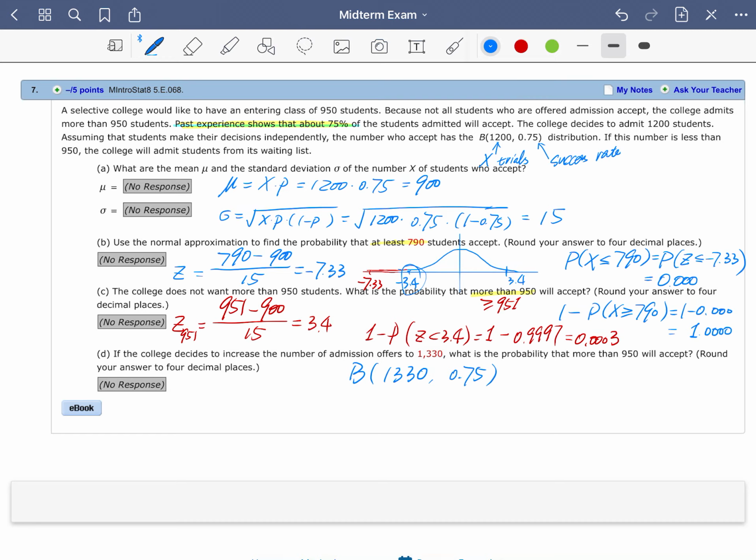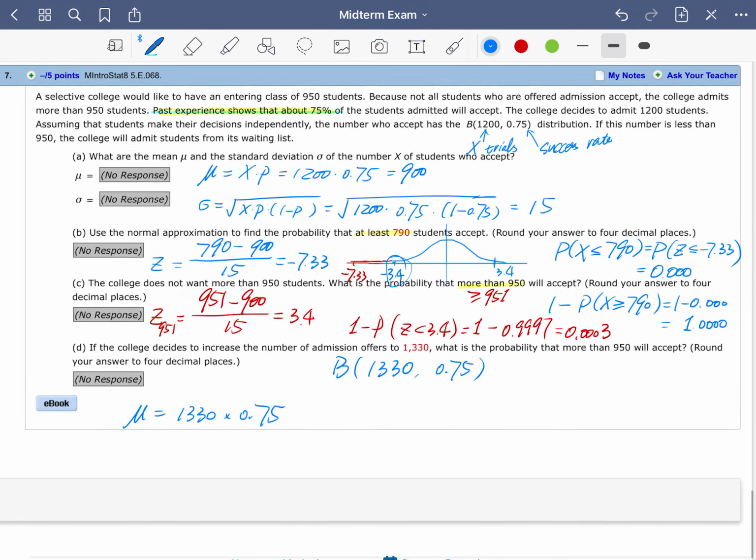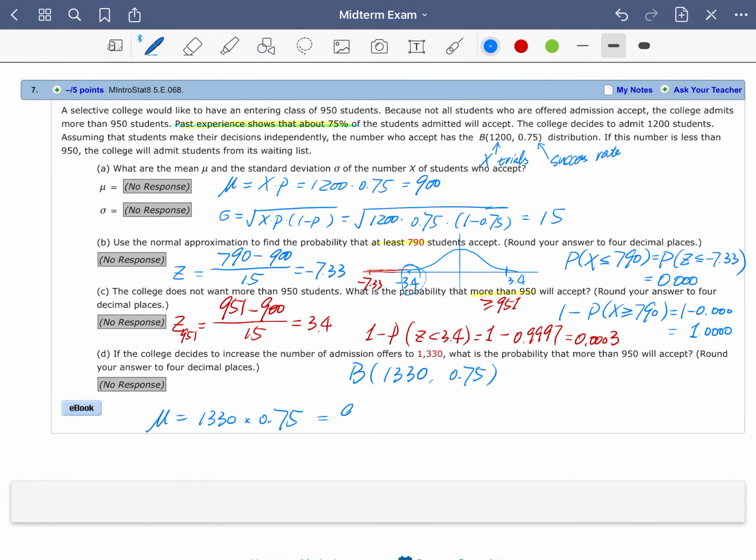Okay, so let's do that again. The mu would equal the number of trials, they decide to admit 1,330, times the success rate, 0.75. You do that, you'll find it's 997.5.